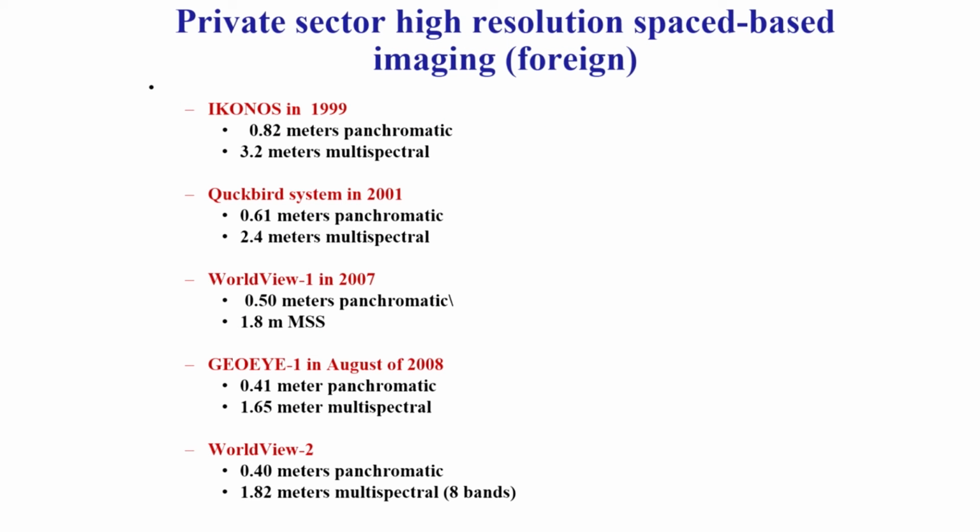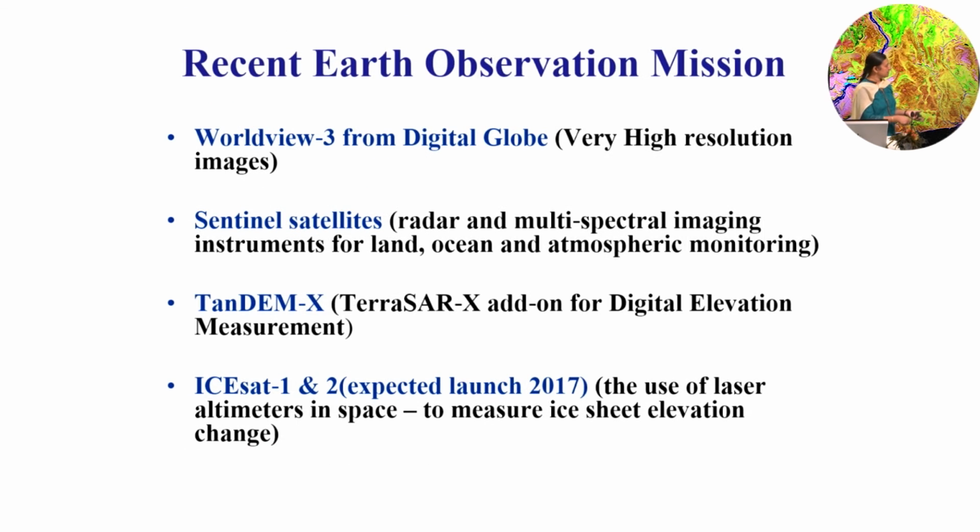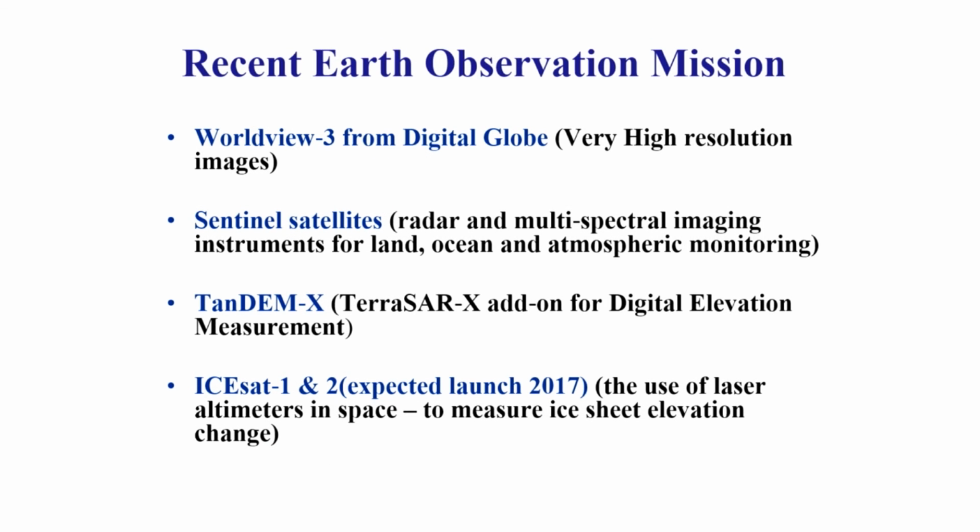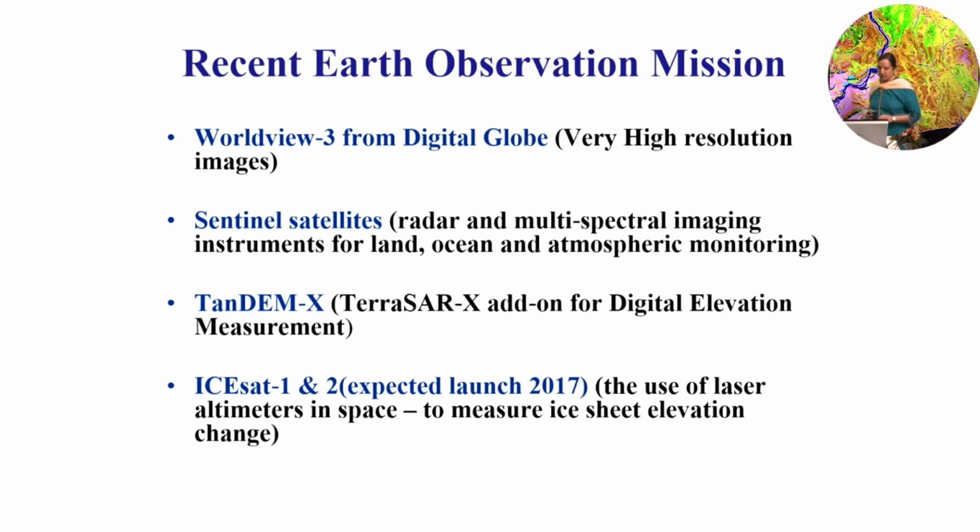And these are some of the private sector satellites which we just saw. The highest, we said, is 40 centimeters. And recently Sentinel satellites have been launched for Earth observation. These data sets are from the optical as well as the microwave region, and most of them are also free for usage.